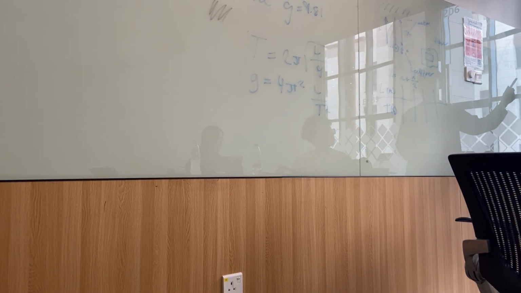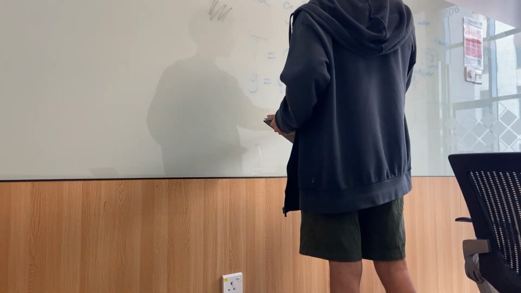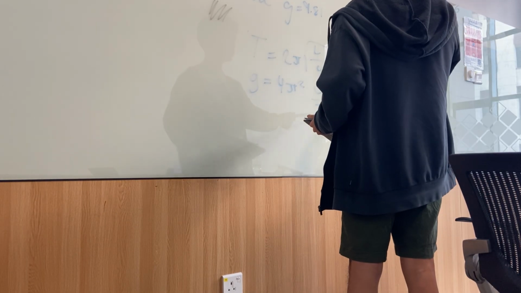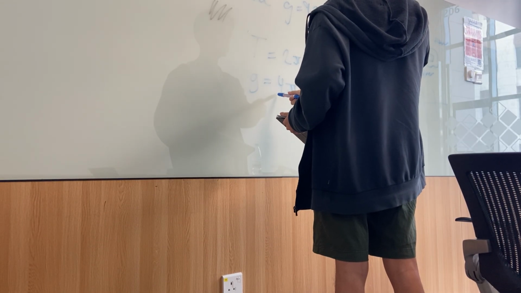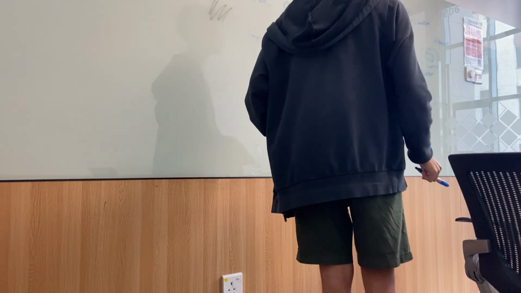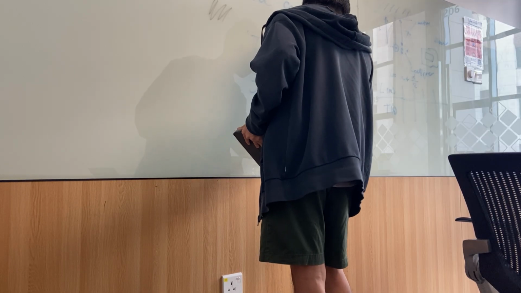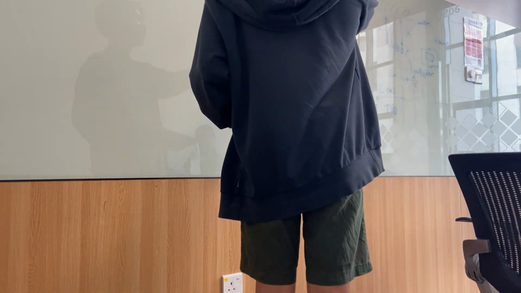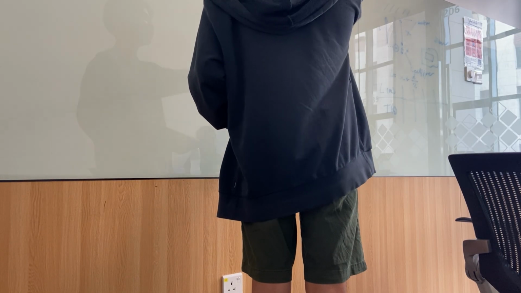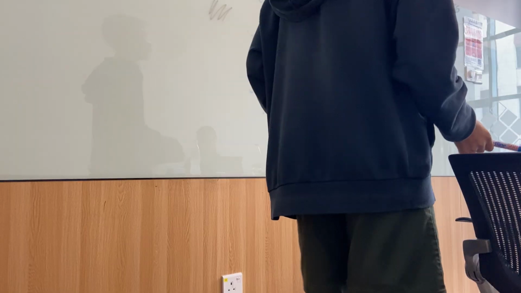So then, for the length over T squared, we can just substitute the slope we got from the graph into this formula, and then we times the slope with 4 pi squared, and then we get gravity, which should be around 9.81. So that's how you get the acceleration of gravity from this relationship. So that's what our experiment is about.